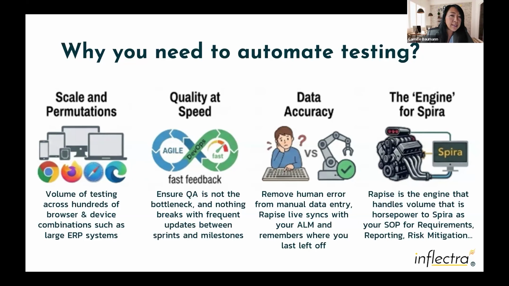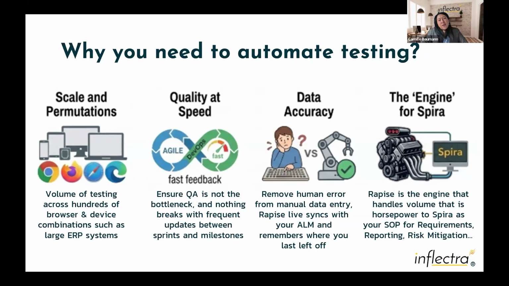On data accuracy: using a product for test automation directly live synced with your application lifecycle management platform or SDLC, you can ensure manual data entry is no longer needed. Everything's live synced, and Rapise, as I said, remembers where you last left off.